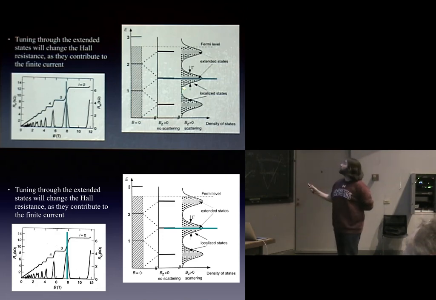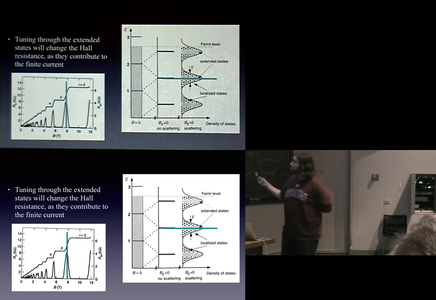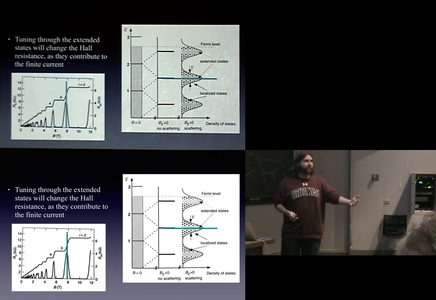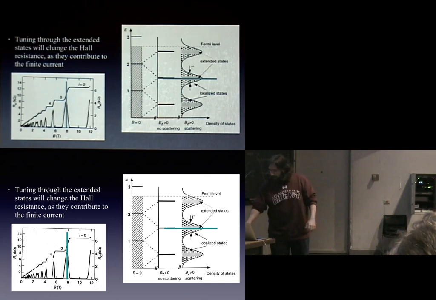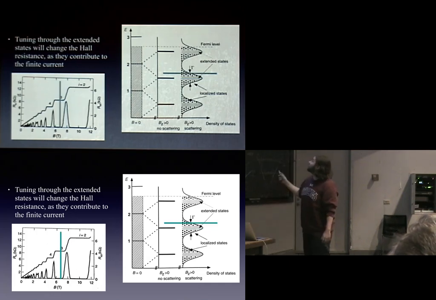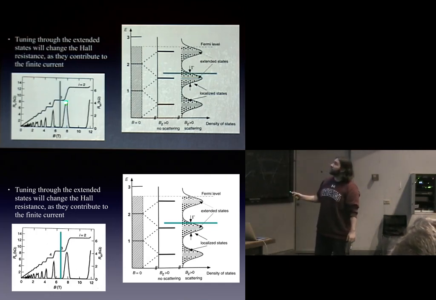Because now I've introduced new states into the system that do allow for charge transport. So there are more things allowed to conduct. If there are more things that can conduct, the less resistive the sample is, so the resistance goes down, and then I pass through it, I'm on the other side, I have all of these extended states, and so I'm robustly in this plateau.